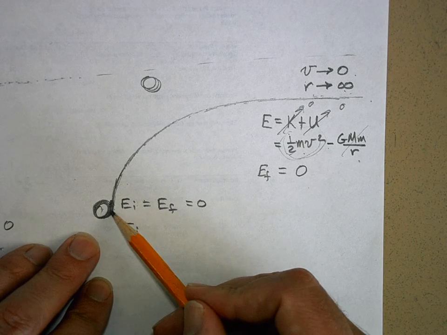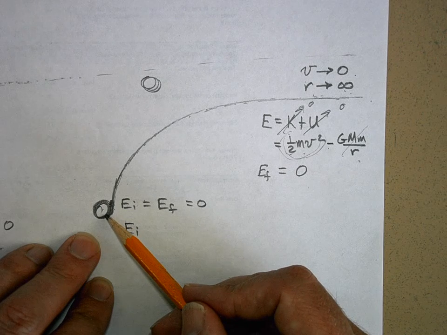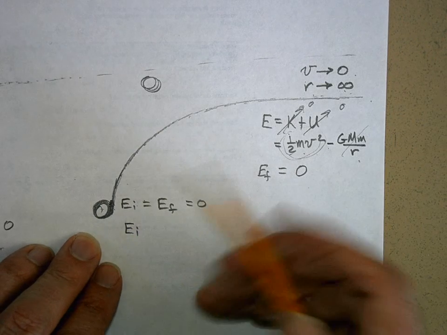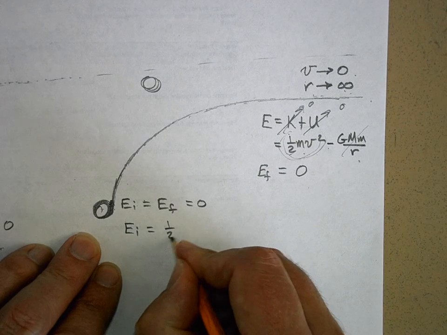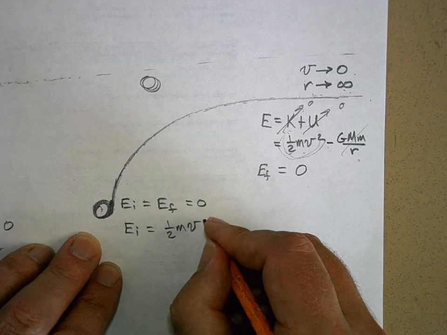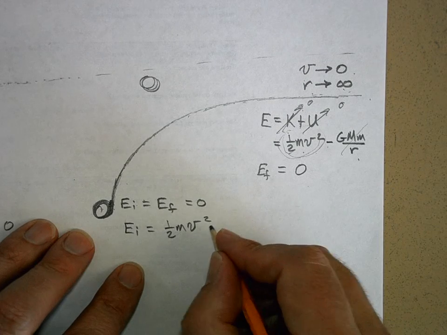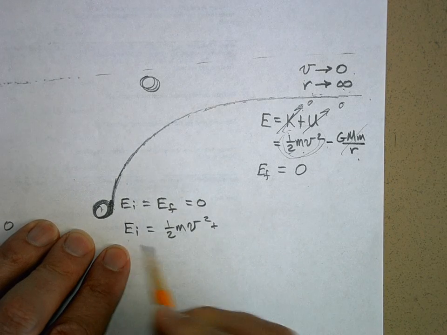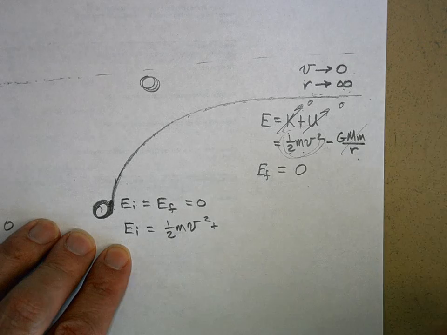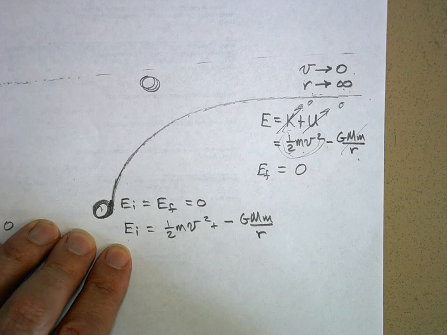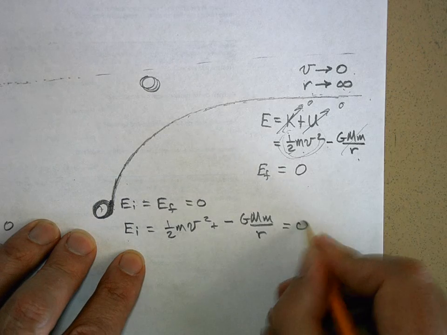We're going 25,000 miles per hour. That's what it turns out to be. Really, really super fast. Lots of positive kinetic energy. 1/2 mv squared. Plus, right, because mechanical energy is kinetic energy plus gravitational potential energy, negative GMm over r. But this is equal to 0.